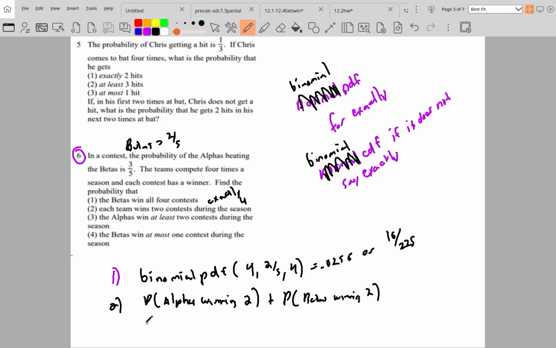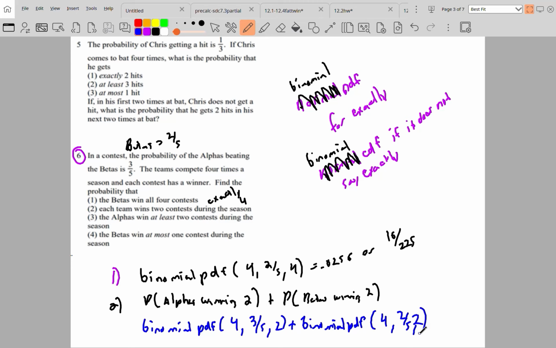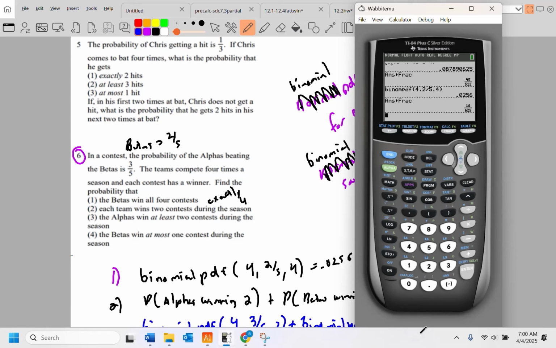For the alphas, we have 4 trials. Their probability of winning is 3/5, and we're looking for exactly 2. For the betas, still have 4 trials. Their probability of winning is 2/5, and we want exactly 2. This is what I'm typing in my calculator, all right? And that's what I said you could do.